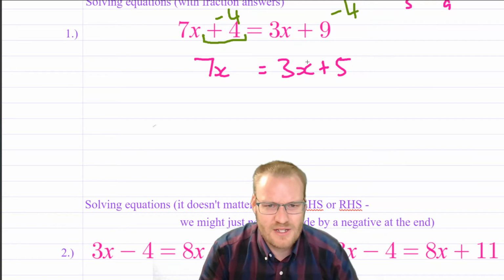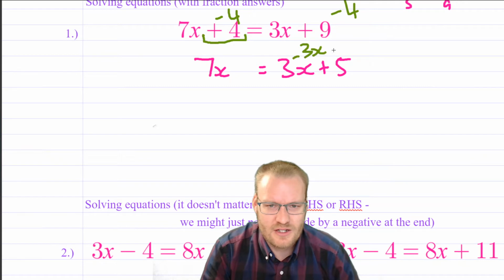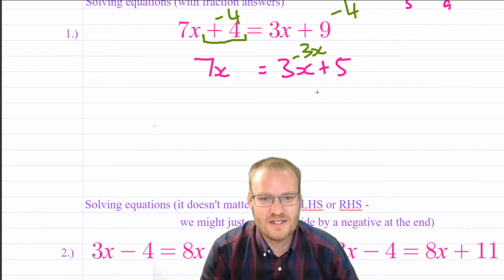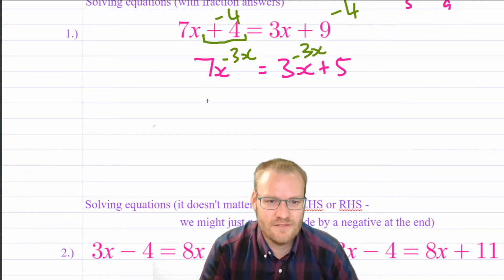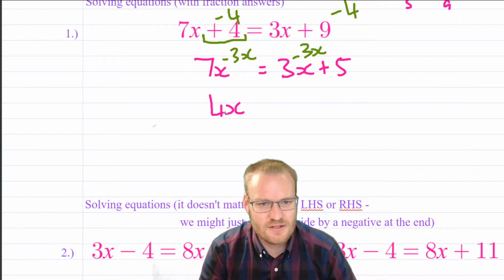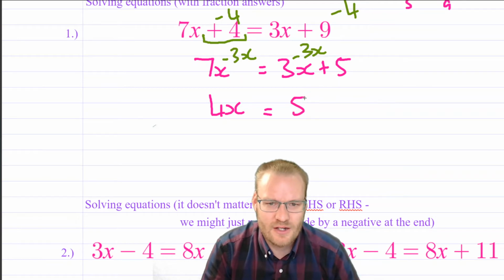Well, we need to subtract them, just like we did with that 4. So let's subtract that 3x. We don't have any x's on the right-hand side anymore. And what we do on one side, we do on the other. So on the left-hand side, we've got 4x, because 7x minus 3x gives us 4x. 7 minus 3 is 4, equals 3x minus 3x is nothing, plus 5 equals 5.